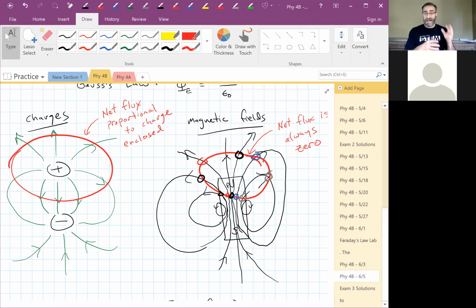We can have more positive charges inside of a region than negatives, or vice versa. But magnetic poles do not come individually as norths and souths. They always come as a pair, a north and a south together. So you can't just enclose a north pole.